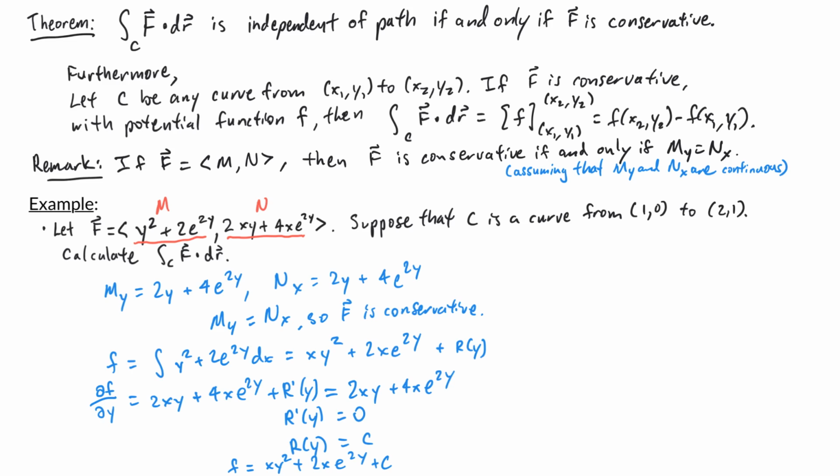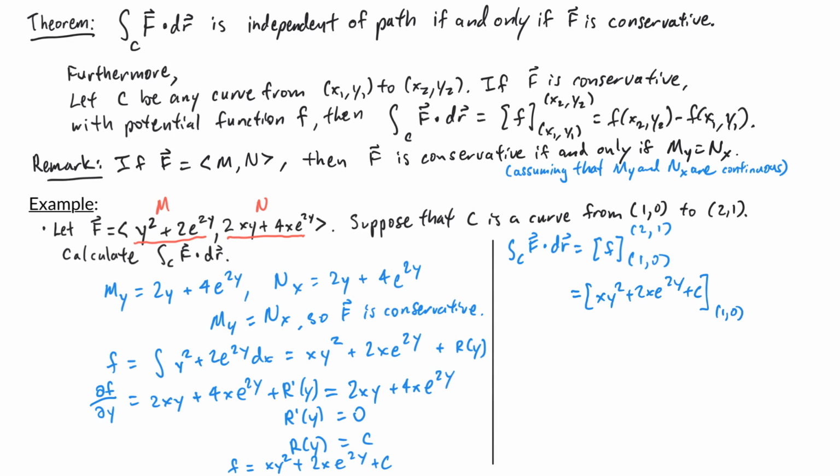Now let's apply the fundamental theorem of line integrals. We have that the line integral of F dot dr is the potential function evaluated from the initial point (1, 0) to the terminal point (2, 1). So I'm going to evaluate my potential function xy squared plus 2xe to the 2y plus c from (1, 0) to (2, 1). Plugging in (2, 1), I have 2 times 1 squared plus 2 times 2 e to the 2 times 1 plus c.